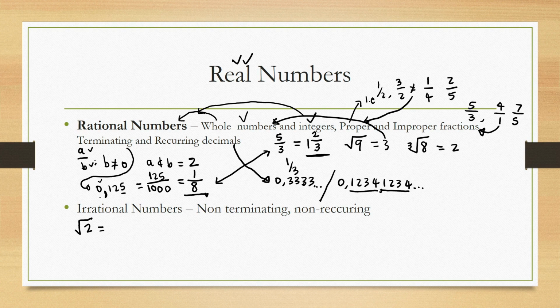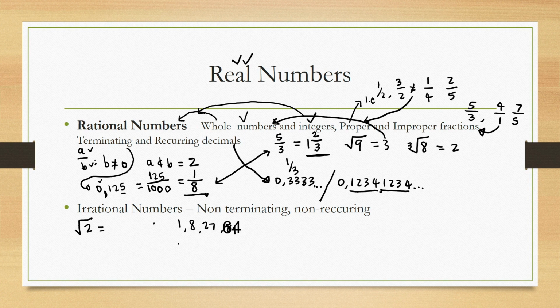Number 2, again, a cube root of a number that is not a perfect cube. We remember that our cubes are basically 1, 8, 27. You have to take a specific number and cube it in order to get them.